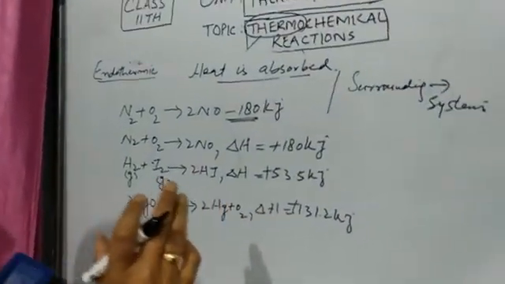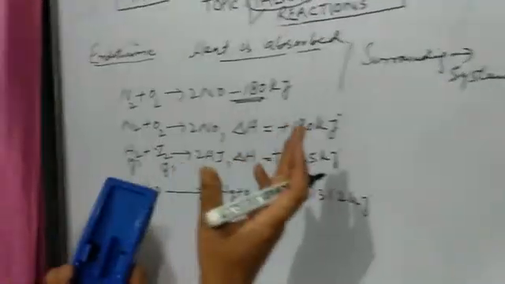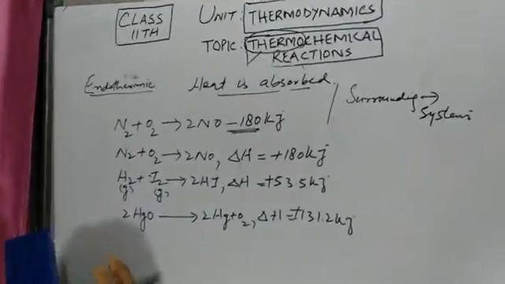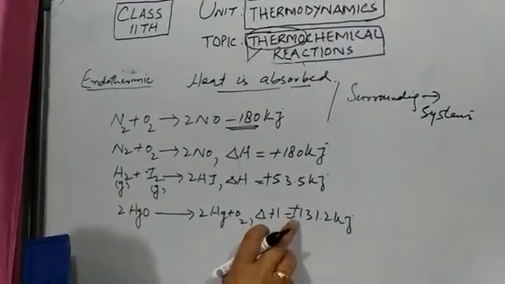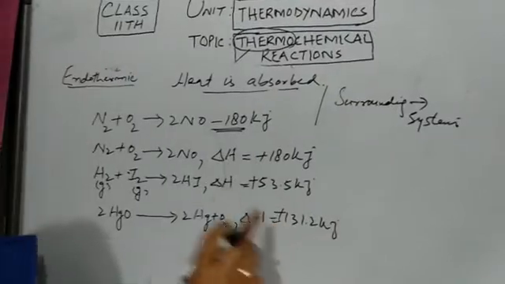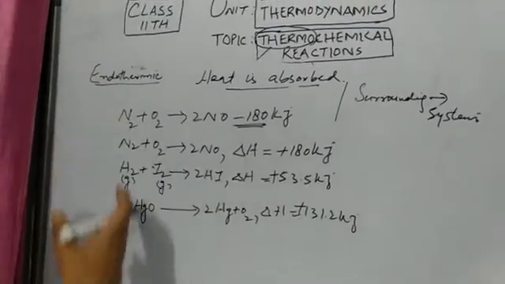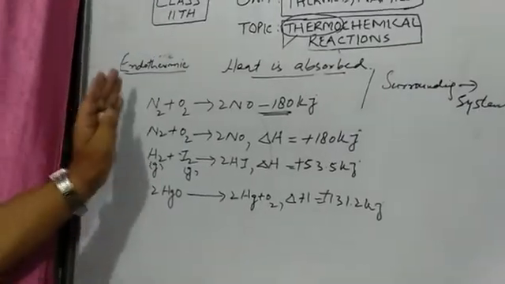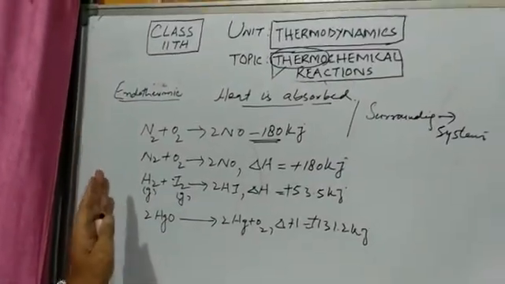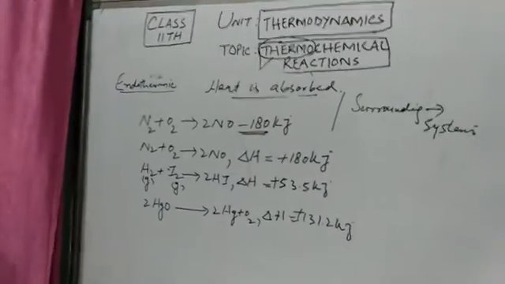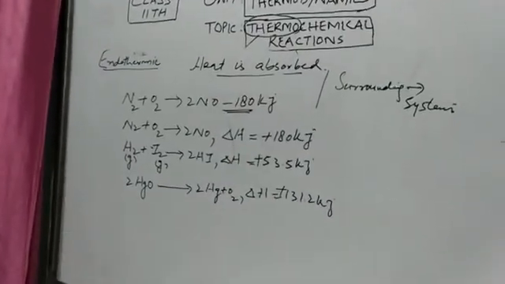It has transferred from the surroundings to the system. That means it has come from the surroundings and it has been added. That is why delta H has positive sign. I think these examples are sufficient. These all examples are endothermic reactions.